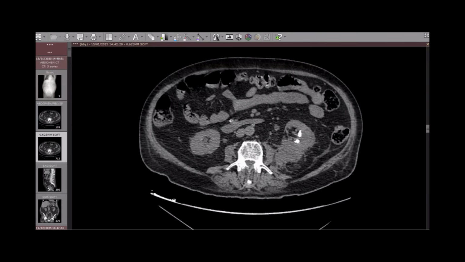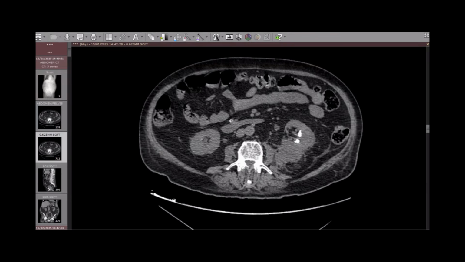It could also be infection. Okay, we have urinoma and infection. What else? Hematoma. Yes, it could be perinephric hematoma. Those are the top differential diagnoses for this case.